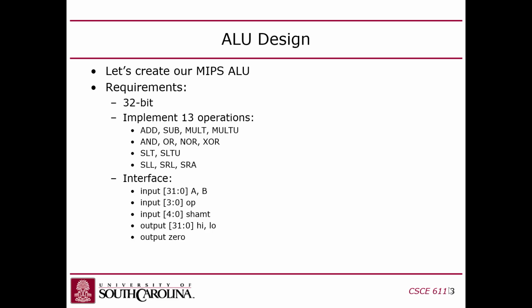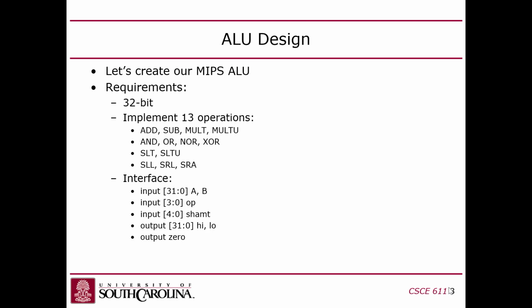And to do a multi-cycle divide, you would have to have extra logic in your CPU for handling stalls. Like when the divide is fetched, you'd have to stall everything behind it while you perform the divide, in addition to pipeline logic. So it would be a little bit more complex. It's possible. I've thought about adding that to the class, but we just don't have enough time to get to it.